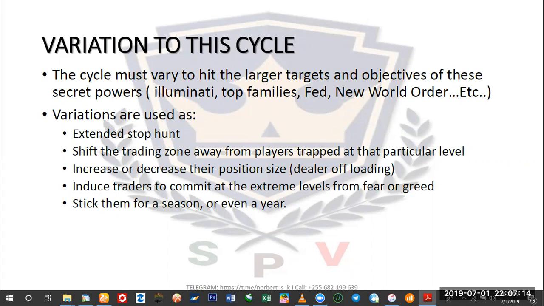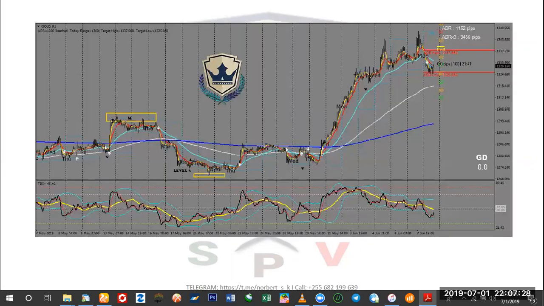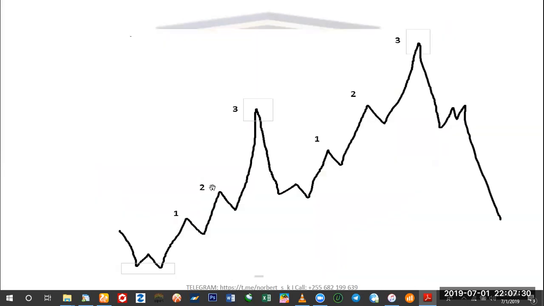Also during the start of a season or the end of a season, the variations are there so that they could stick people for a season or even a year.